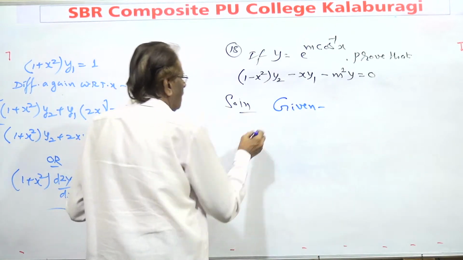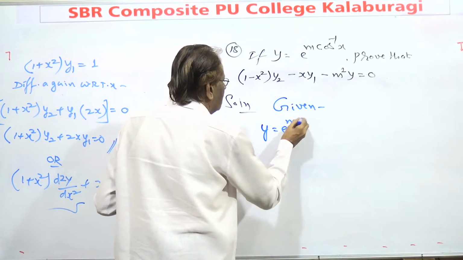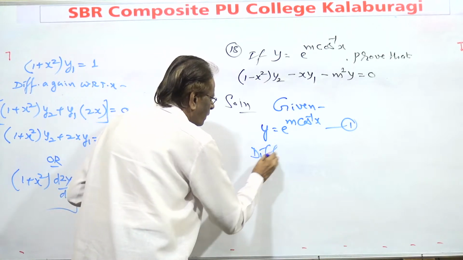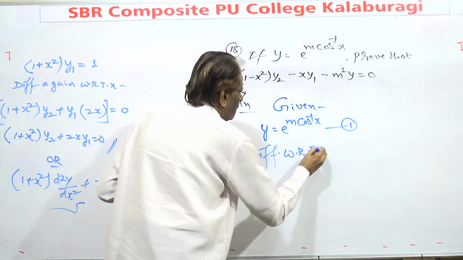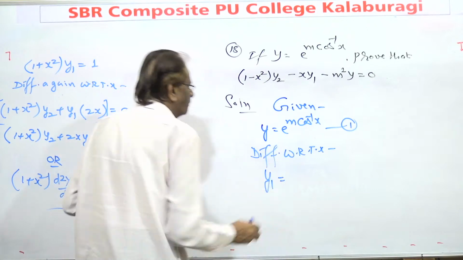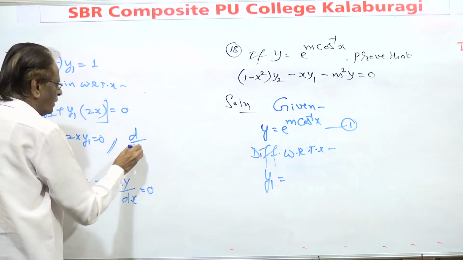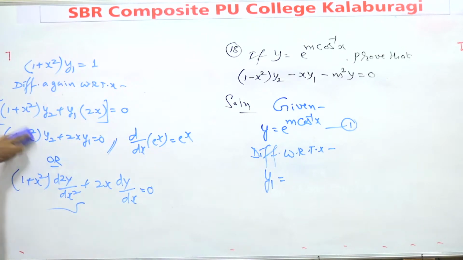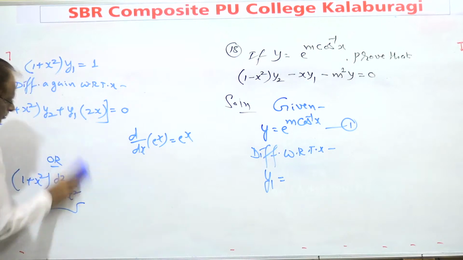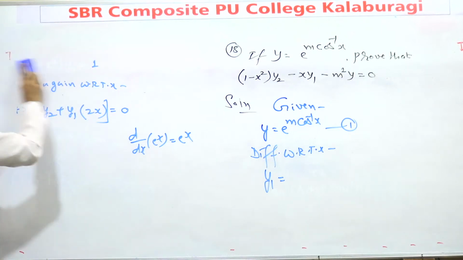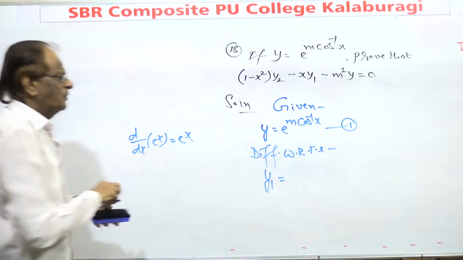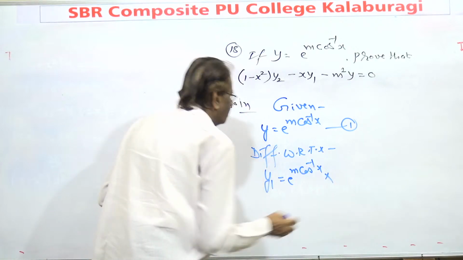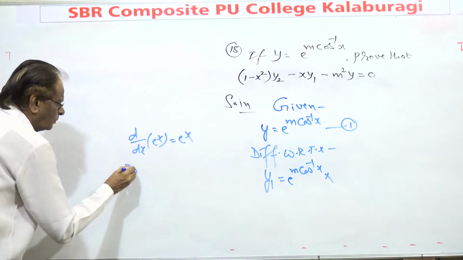So given y equal to e to the power m cos inverse x, differentiating with respect to x. y differentiation is y1. Differentiation of exponential: first as it is, composite, differentiate power.